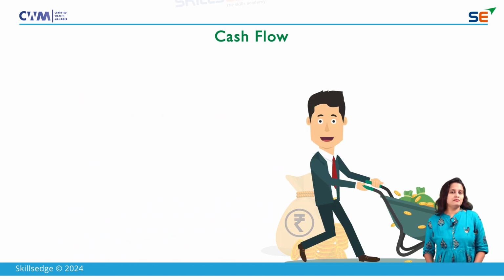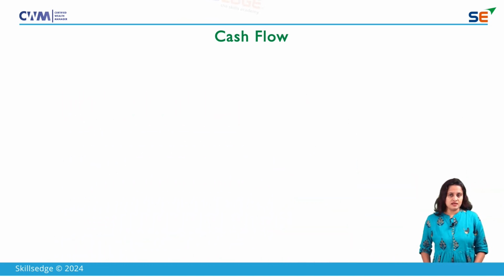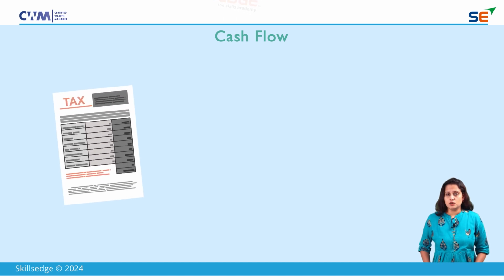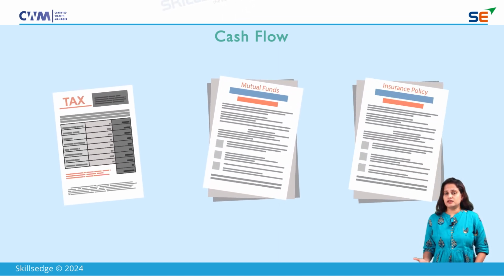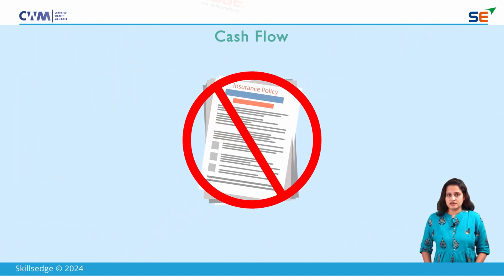For creating an emergency fund, expenses like taxation, contribution to mutual funds like SIPs or insurance premium cannot be considered, since these can be avoided in a situation where there is a contingency.